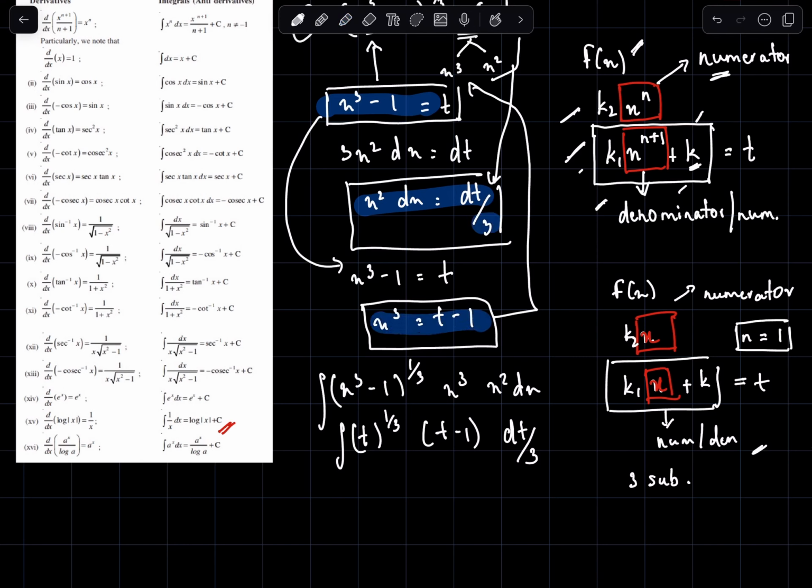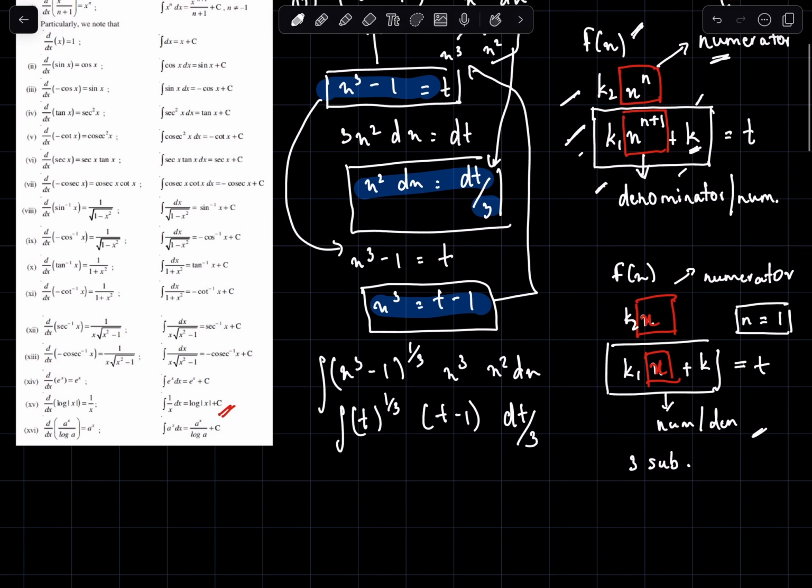Anyways, okay, so let's do this. Now, how would you do this, right? First of all, constant, bring it out. So 1 by 3 integral, open the brackets. So this would be, I'll just write it, t minus 1 times t raised to power 1 by 3, the whole dt. Simple.